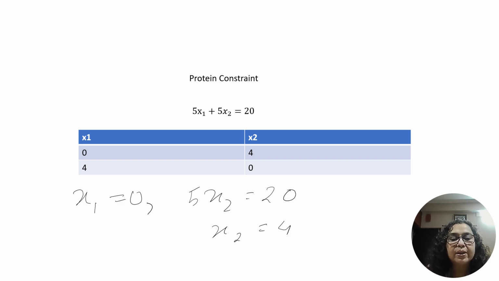And in the same way, when we set x2 equal to 0, we have 5x1 is equal to 20. And so we have x1 is equal to 4. So we get 2 points, 0, 4 and 4, 0. Let's now plot this again.